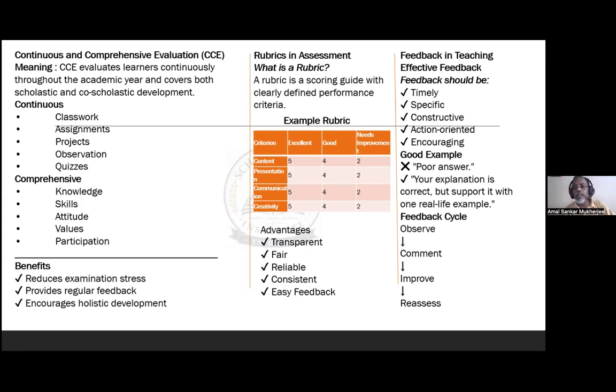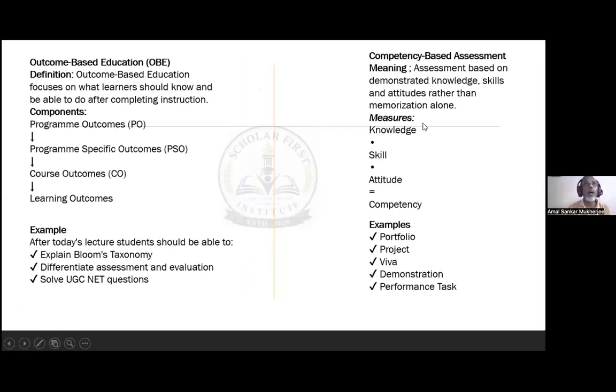We can just talk about the feedback cycle, how the feedback can be generated: observation, comment, improvement, reassess, then feedback is generated. Okay, so this is the feedback process that we have discussed. Now we come on to the outcome-based evaluation, OBE. Exactly what is this?